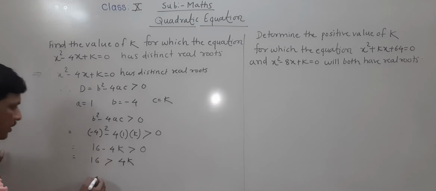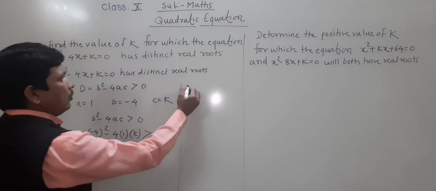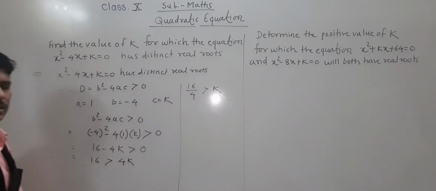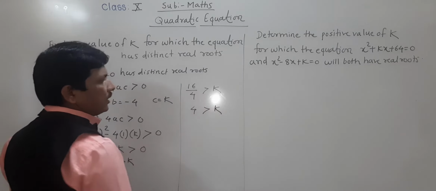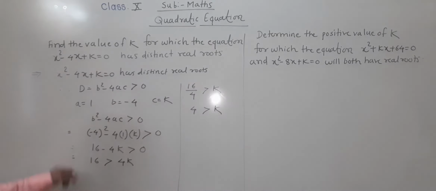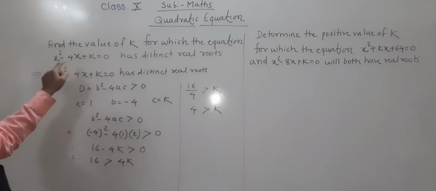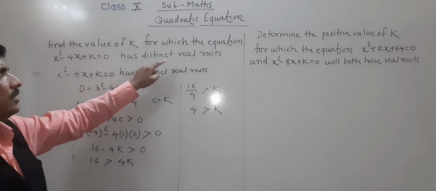Understood? So 16 divided by 4 is greater than k. 4 4s are 16. So 4 is greater than k. Understood? So what is the question? Find the value of k for which the equation x square minus 4x plus k is equal to 0 has distinct real roots.